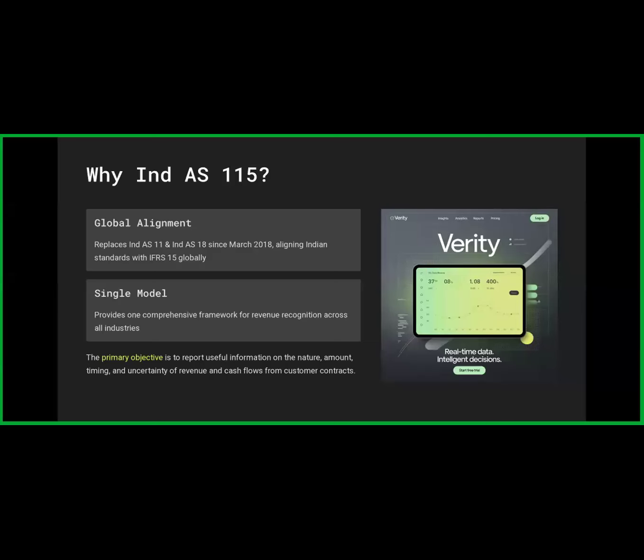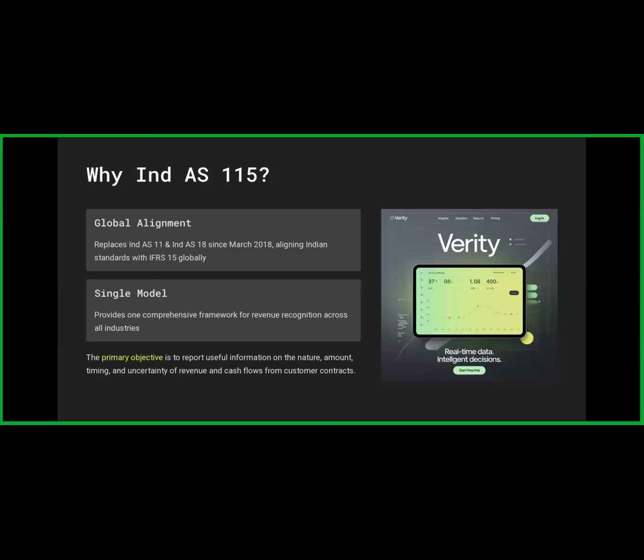To align with the global standard, the Indian government wants changes in the reporting of revenue. They want to compare Indian organizations and Indian corporate houses with foreign organizations or companies on the international level. We can compare financial information and financial data when we prepare the financial statements in the same format as per the global standard or requirements.